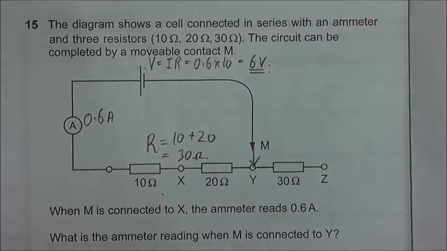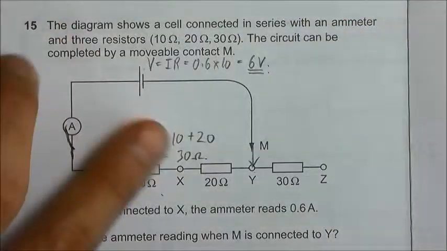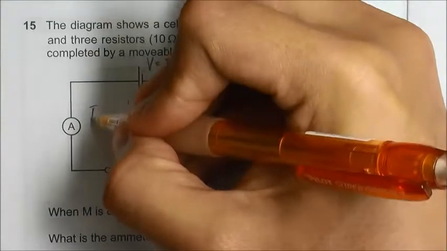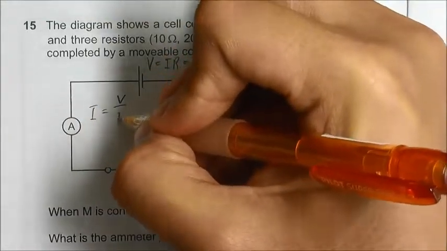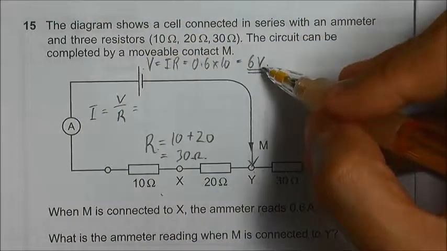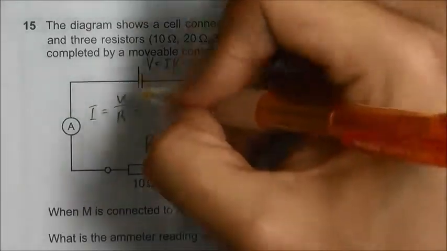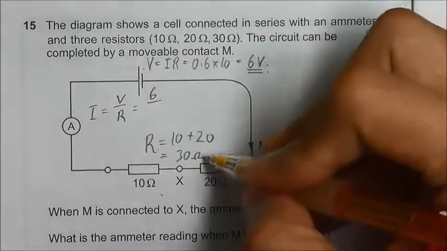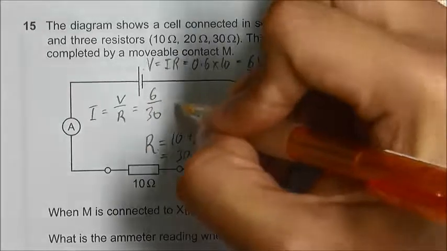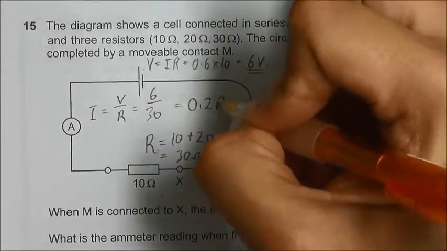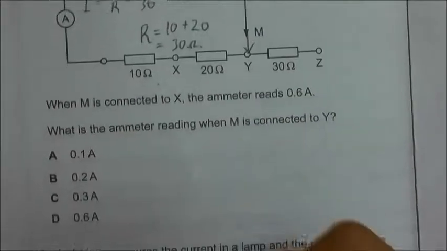And what is the ammeter reading? Of course it won't be 0.6, we have to calculate. This I will be equal to V over R. The voltage here is 6 volt and the resistance here is 30 ohm. So we'll get 0.2 ampere. The answer should be B.